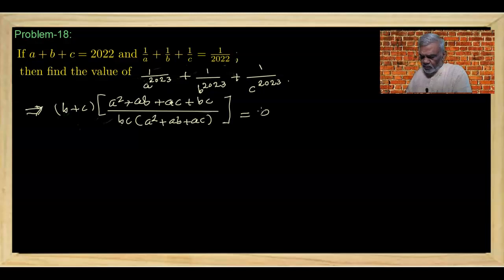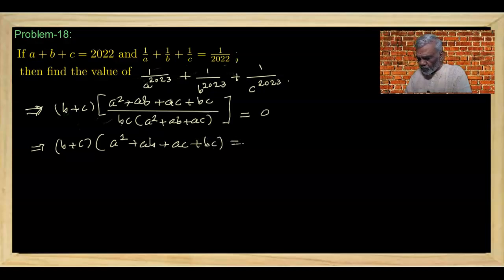And now multiplying both sides, b plus c into a square plus ab plus ac plus bc is equal to 0.